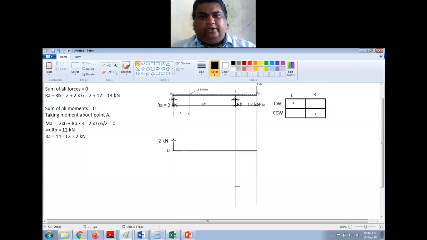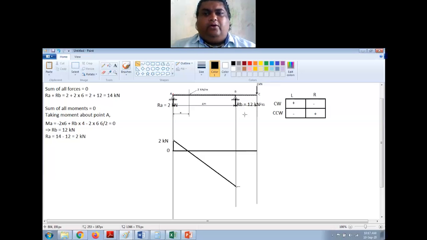I will just join this point and this point by a straight line, right? Whenever you have UDL, the variation of shear force is linear like this, right? If it is point load, it will be horizontal. If it is UDL, it will be inclined like this.